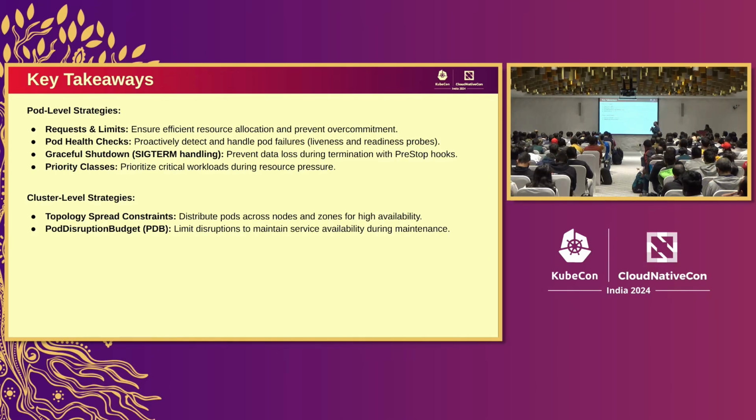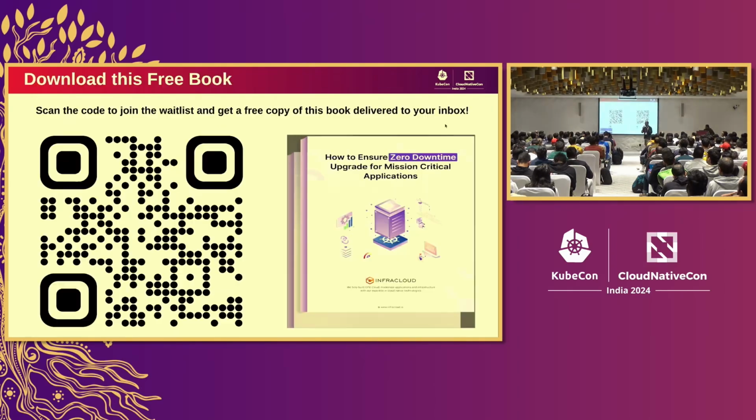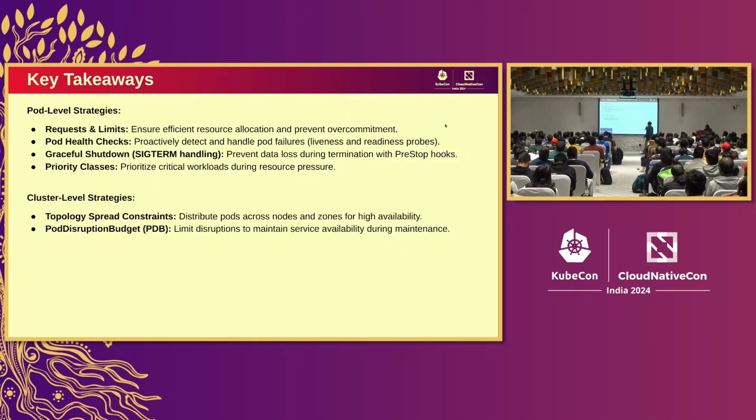Last, we saw QoS classes and priority classes. So always make sure you use them. Highest priority should be given to your applications which are more critical, and lower priority to the ones which are not so critical. We also looked at cluster level strategies.